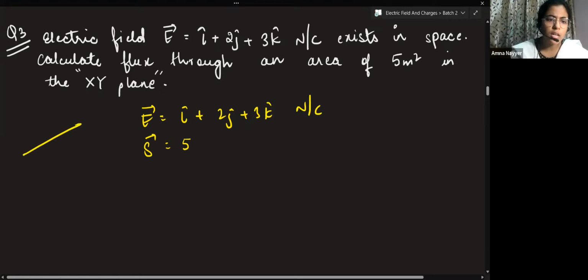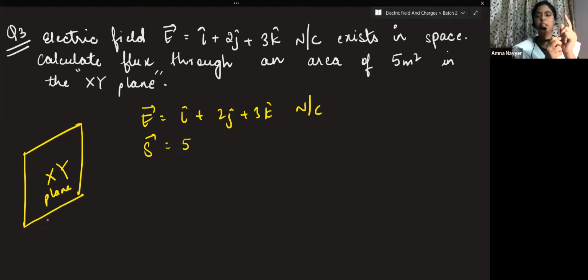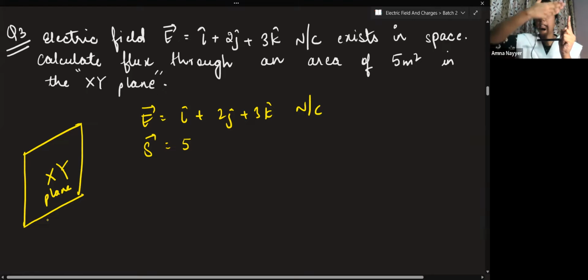So see, your sheet or whatever the surface area, this plane surface area, is given in xy plane. What is meant by xy plane? Xy plane means the plane between the axes of x and y. If you have this as x-axis and you have this as the y-axis, then this plane that you get is your xy plane.